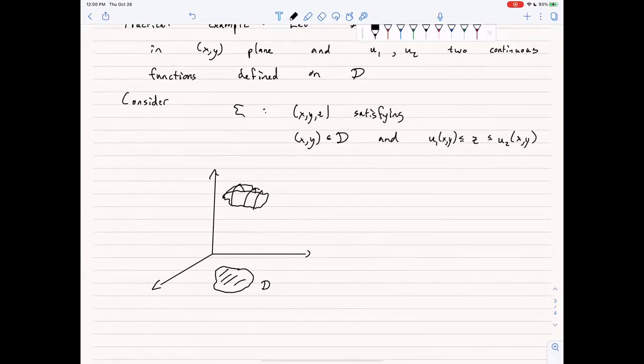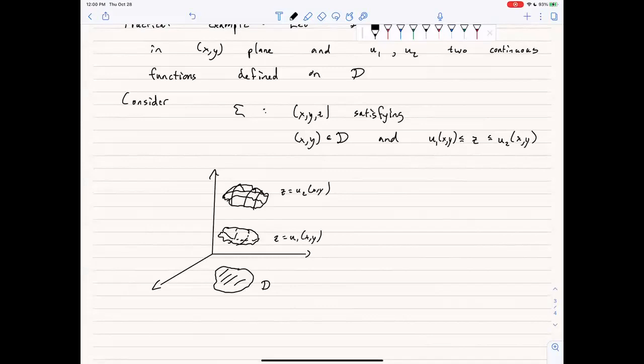So this is like the graph of some function. This is z equals u2(x, y). And then we have some other graph, I'll just draw it this way, is z equaling u1 of (x, y).